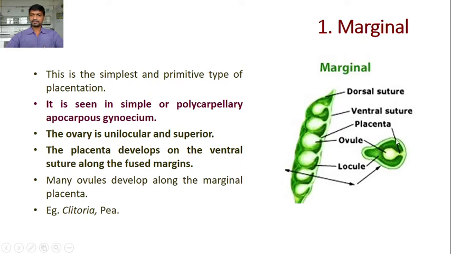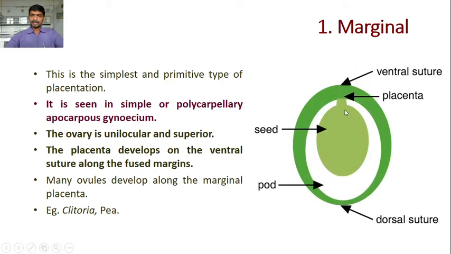And if you see the individual ovule here, this placenta has developed on the ventral suture on which the ovule is developed, that later develops into the seed. Okay, so this is the marginal placentation where the placenta has developed on the fused margin of the ventral suture.